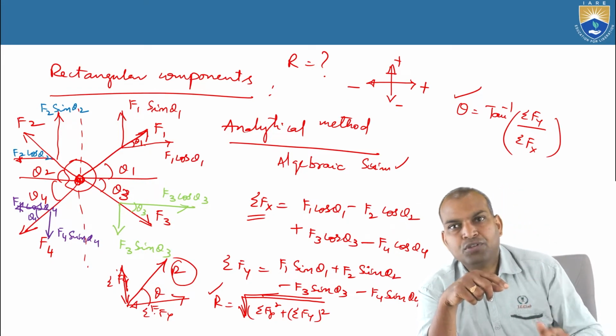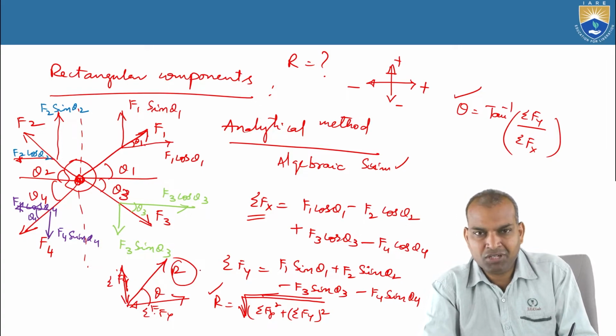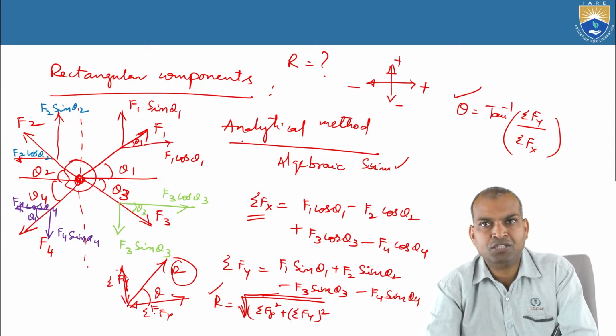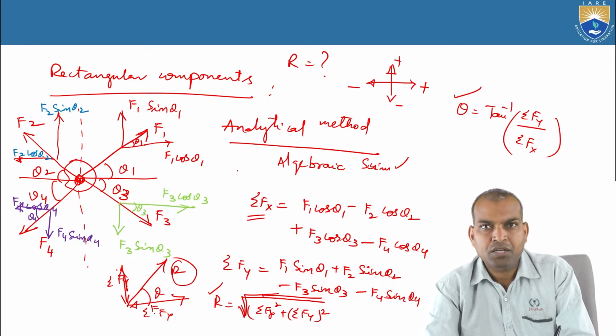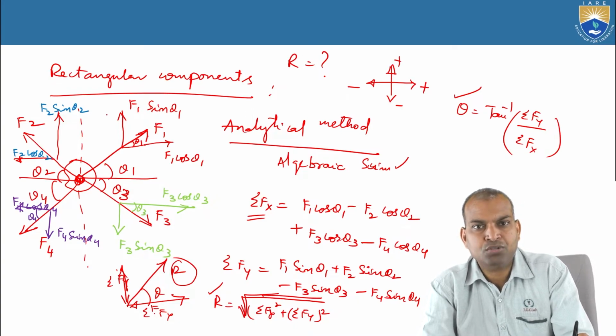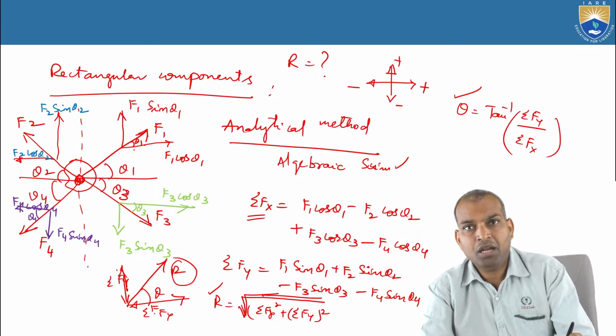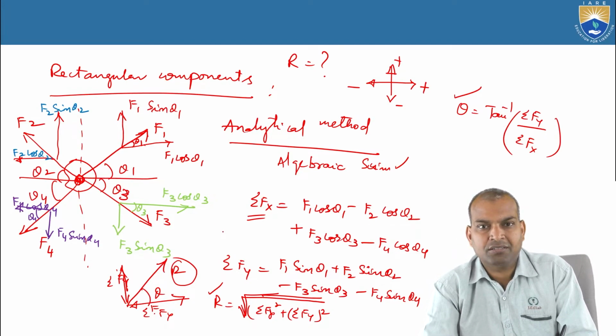That resultant force is calculated here by the analytical method, where we resolved all forces into rectangular components, horizontal and vertical. Now what is the other method? The other method is the graphical method, which uses the Polygon Law of Forces.